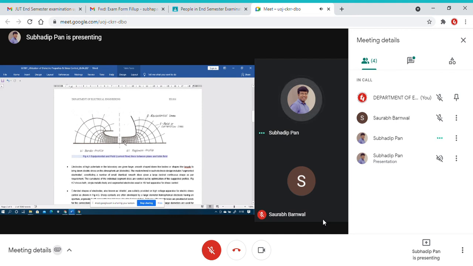This is your electrode and this is the mid portion of it. This is your field current, flowing through the lines, and phi is the equipotential lines. Near this point the structure has a very narrow shape.